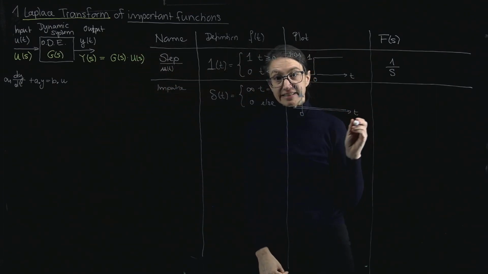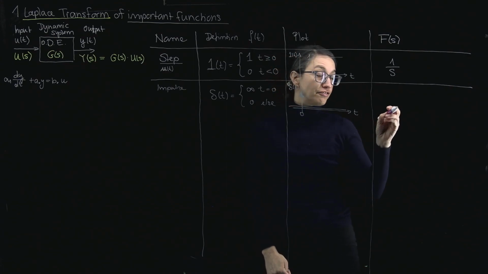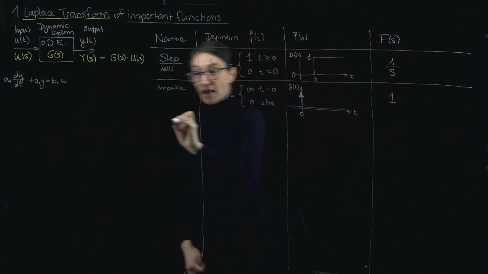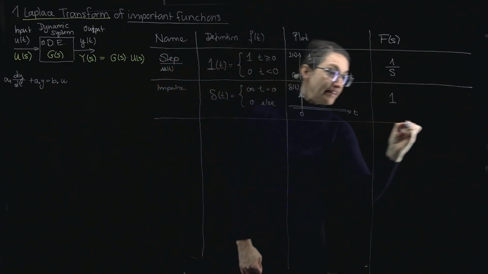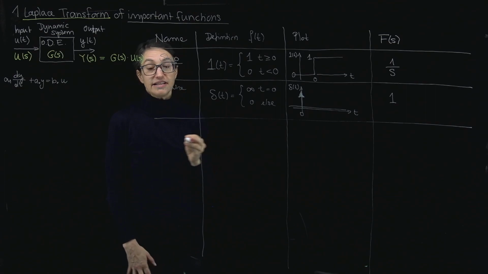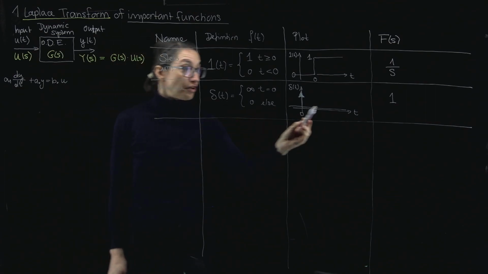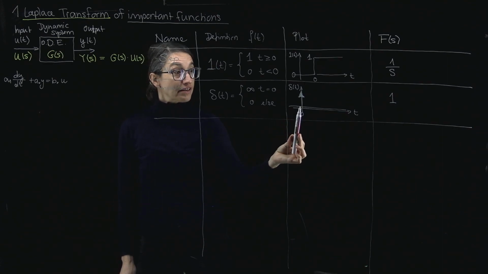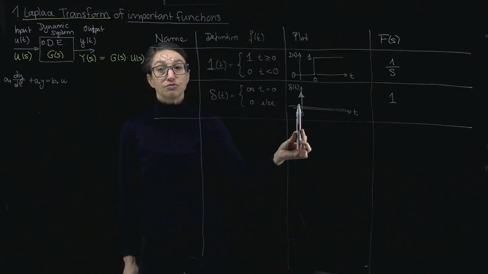And the nice thing is that the Laplace transform of this impulse is very simple. It is 1. And that is because we integrate over the function, over the entire spectrum here. If we integrate this pulse, the area of this pulse is 1.